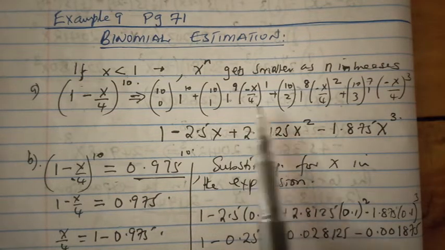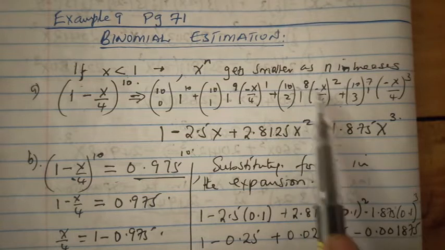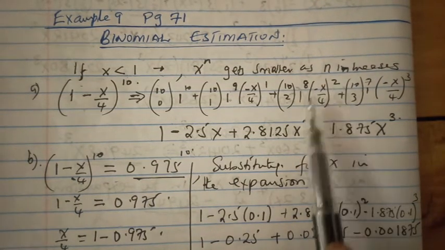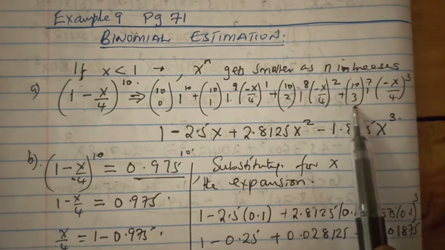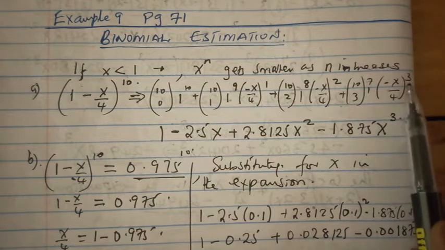The third term, the coefficient is 10C2, 1 raised to power 8, then minus x over 4 raised to power 2. Then the fourth term, 10C3, 1 raised to power 7, minus x over 4 raised to power 3.